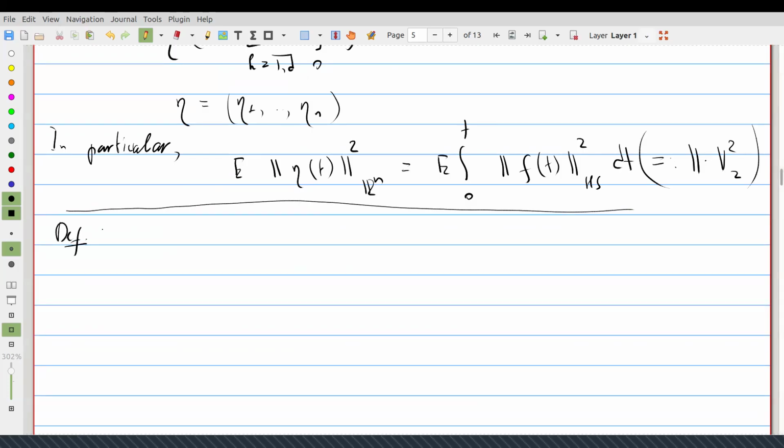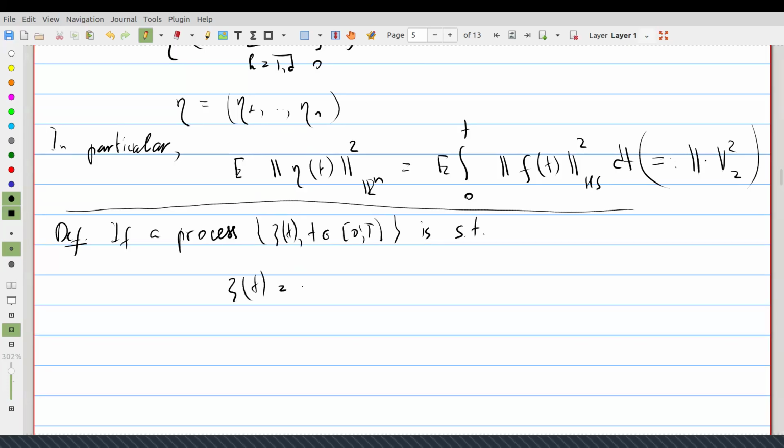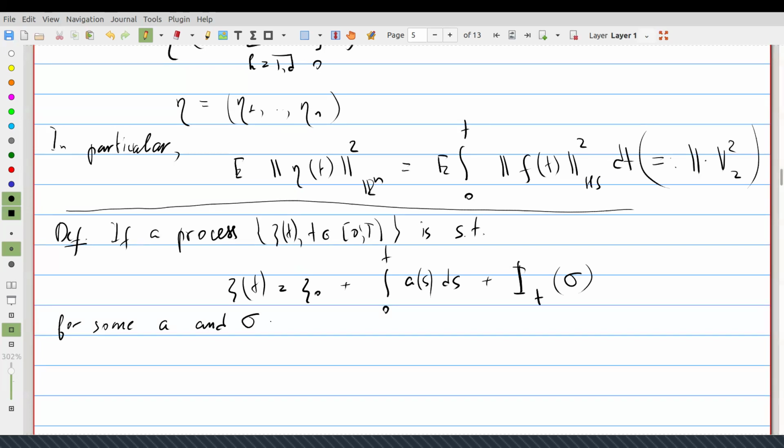Now, definition. If a process psi of t, t from 0 to T, is such that psi of t can be written as some constant and the sum of two integrals, of a and sigma, for some a and sigma such that the mathematical expectation is finite, and starting from this moment, we will actually assume that everything we deal with is progressive.